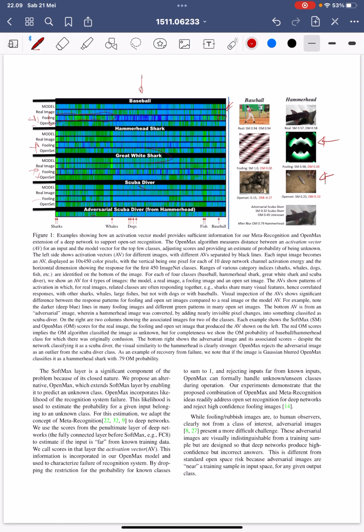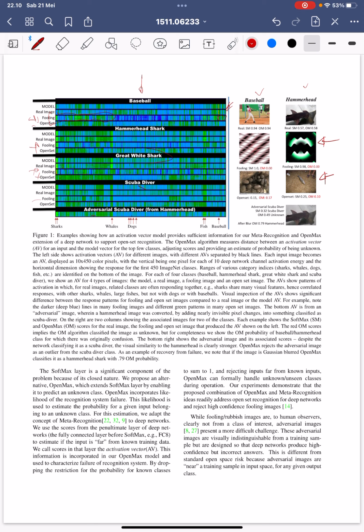So this is the left side. Let's move to the right-hand side. On the right-hand side, there are two classes where we can see the performance of OpenMax, which are baseball and hammerhead.